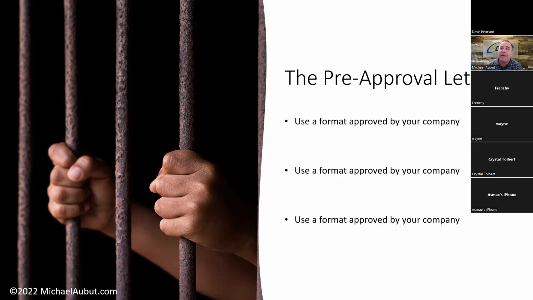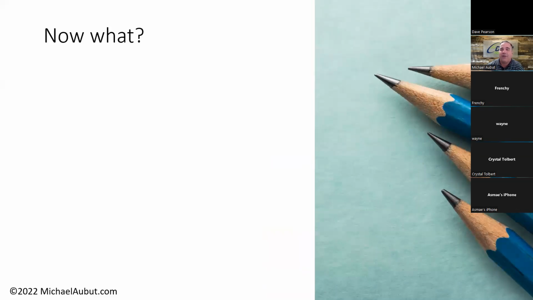Don't make your own stuff. With pre-approval letters, you can get into trouble. A lot of times there's verbiage in that pre-approval letter that protects you. So please protect yourself.